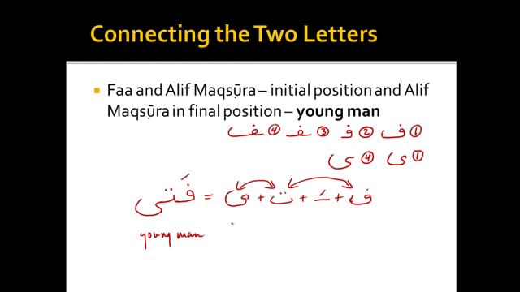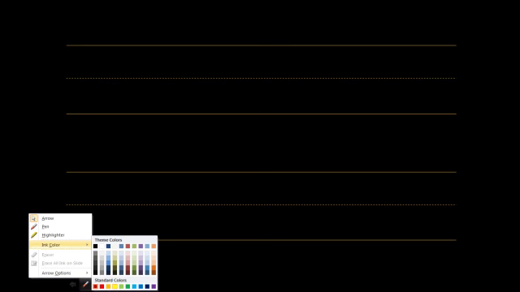Now let's write this a few times together. Okay, let's change the ink to yellow. Okay, so we have fata. So we're going to write fata together. We have an initial fa, and then a ta, and then an alif maqsura.